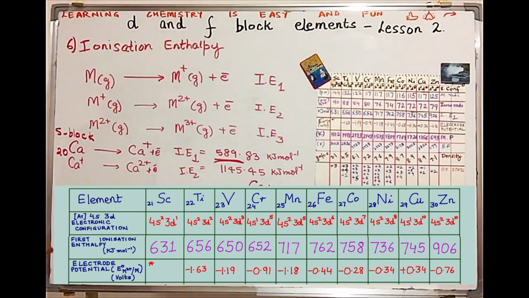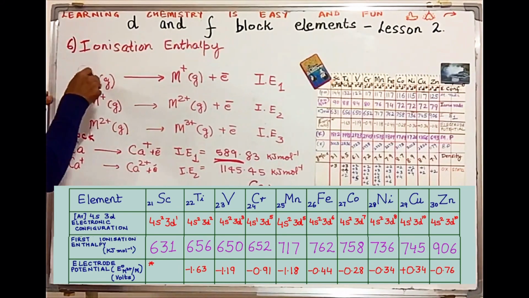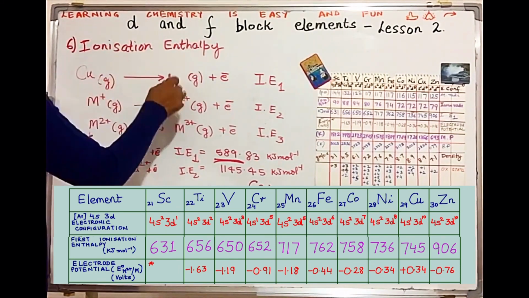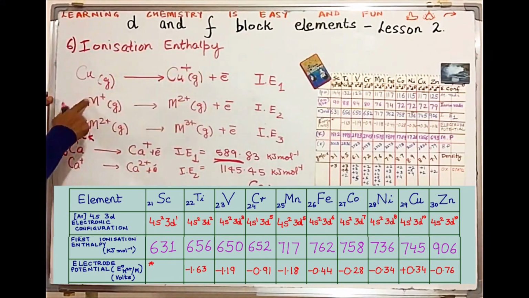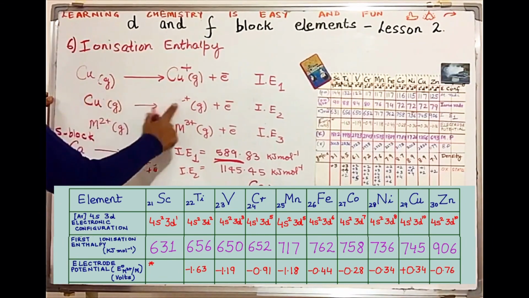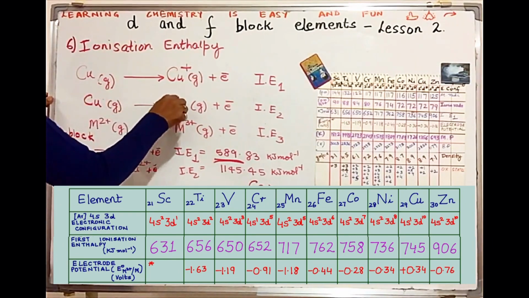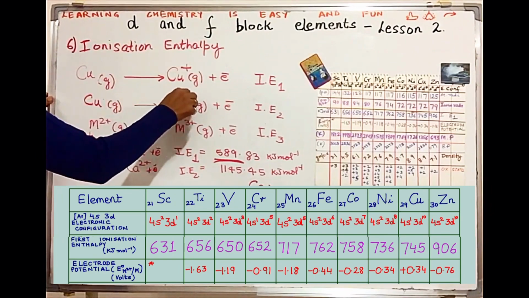Now supposing I ask you, let's say copper. Can you predict anything about the second ionization energy of copper compared to the first? Will it be high, low? Will it be easy? Which one is easier?